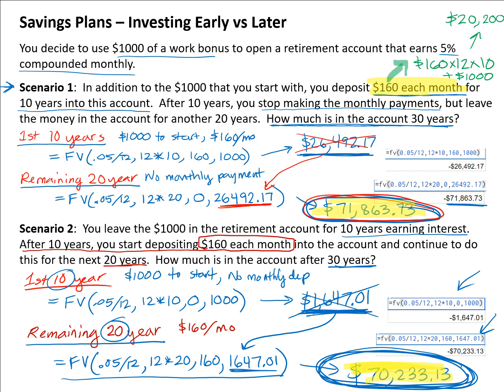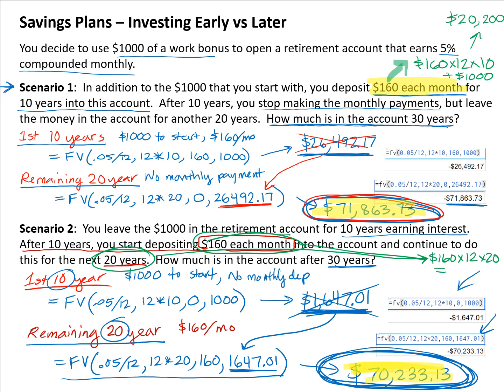When we compare that with how much I put in the second scenario, I was depositing money, specifically $160 a month for 20 years. That $160 for 20 years would be $160 times 12 times 20. That's double the amount of monthly deposits that I made in scenario 1.